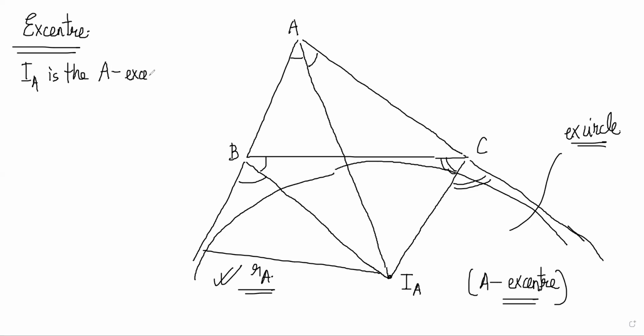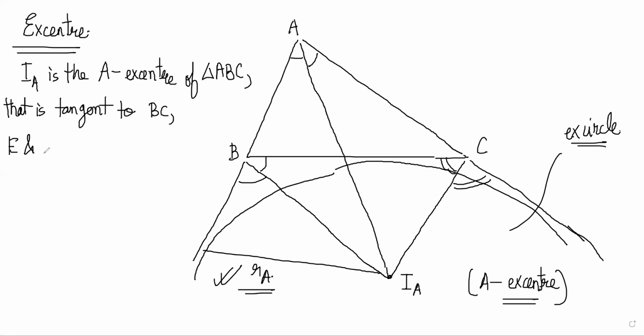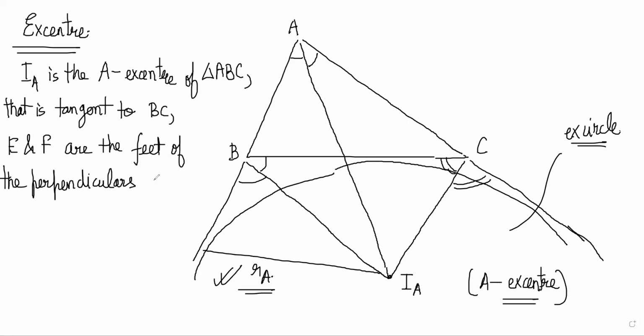One property that I will leave you with is that if IA is the A-excenter of triangle ABC, that is tangent to BC, and E and F are the feet of the perpendiculars from IA to the lines AB and AC respectively.